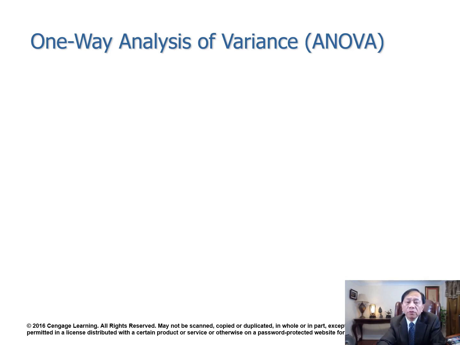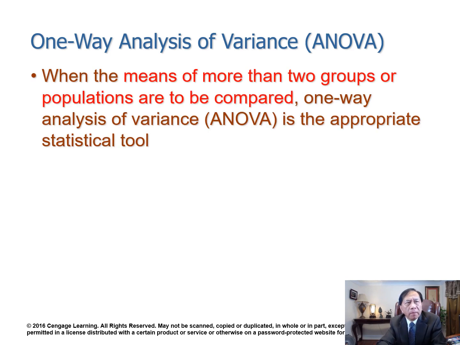But I want you to focus on where you do use ANOVA here. ANOVA, right? When the means of more than two groups or populations are to be compared, one-way analysis of variance is the appropriate statistical tool. Basically, you want to compare more than two groups, say 3 groups, 4 groups, 5 groups.